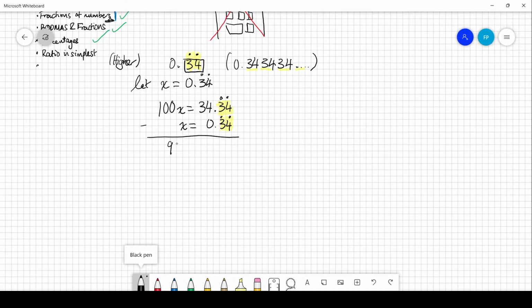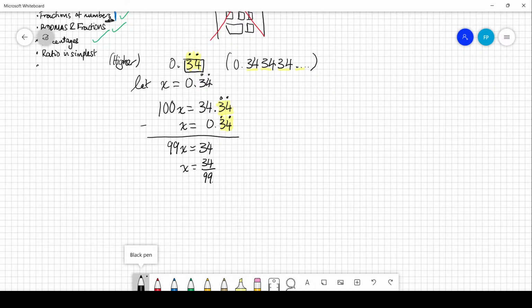So what you're left with is 99x equals 34. So x equals 34 over 99. And that's how you prove that a recurring decimal can convert to, let's say, this fraction here. Sometimes it may give you the fraction and tell you to prove that it is like that.